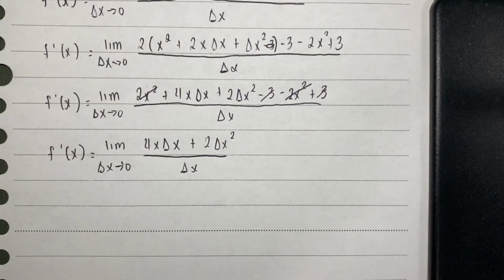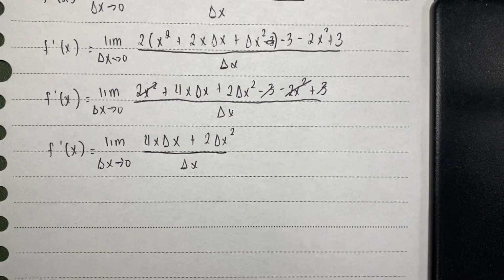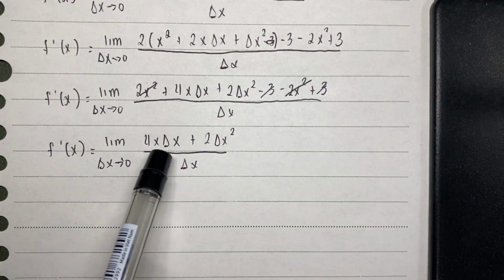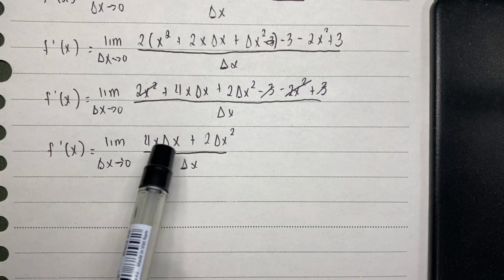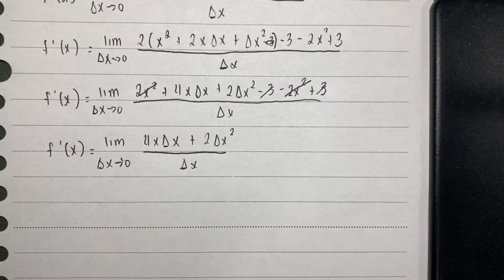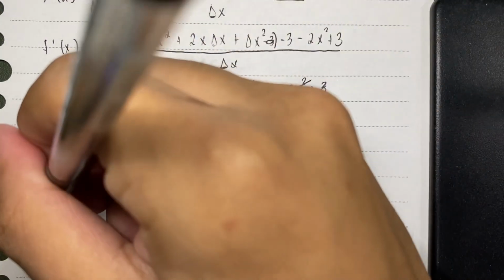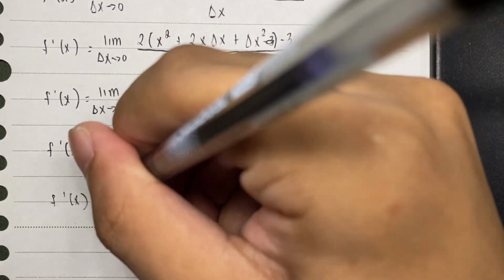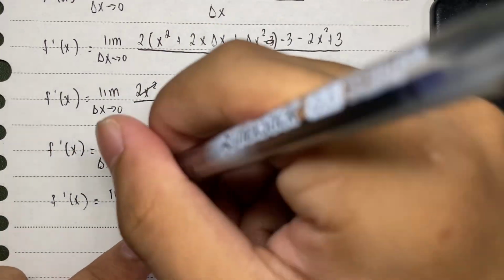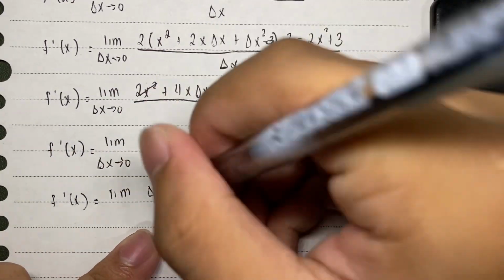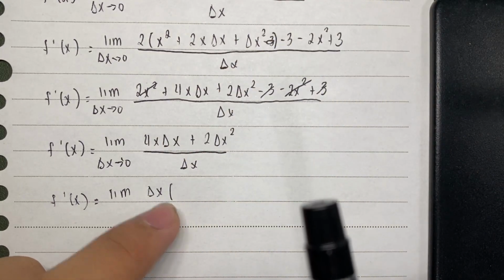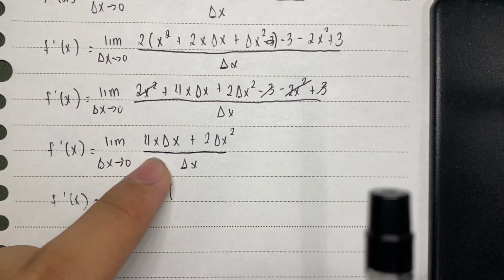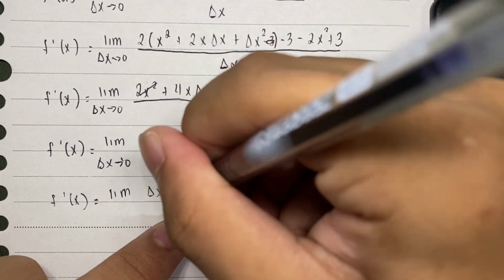Now what's next is that we're going to factor out delta x from the numerator. It's just going to look like this. f prime of x is equal to the limit of, factor delta x out, delta x multiplied by: 4x delta x divided by delta x is just simply 4x.